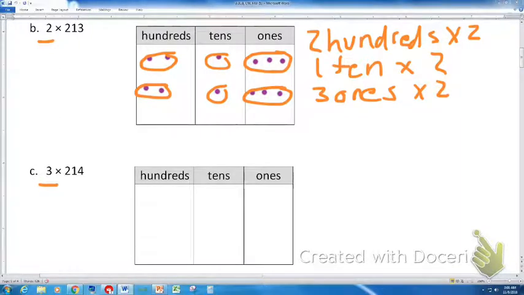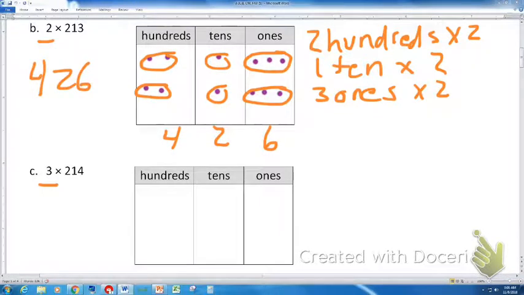So we already have 2. Once we have the dots, you can easily add up the dots and see if any regrouping needs to occur, and then you can get your answer. But in this case, there is no regrouping that needs to be done, unlike what we'll find in letter C. So we count up the dots. We have 6 dots, 2 dots, and 4 dots. So our answer is going to end up being 426.